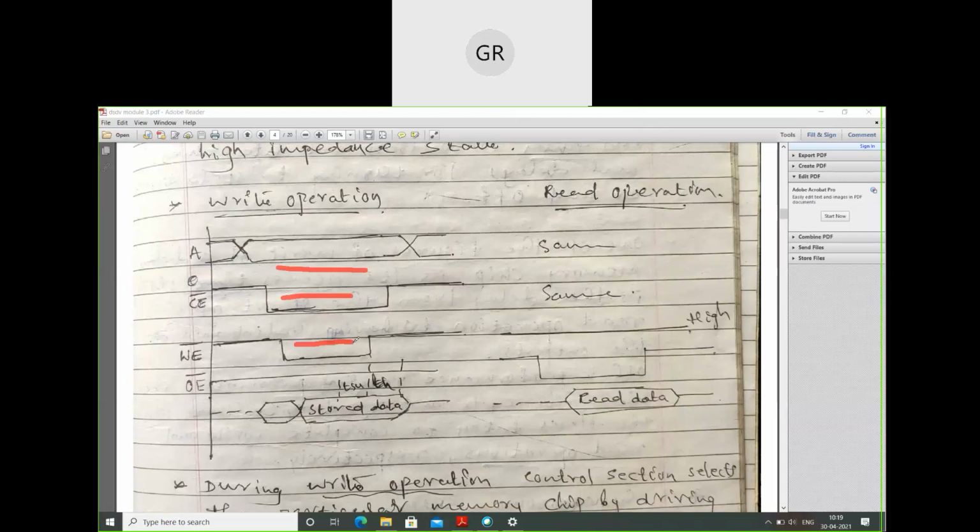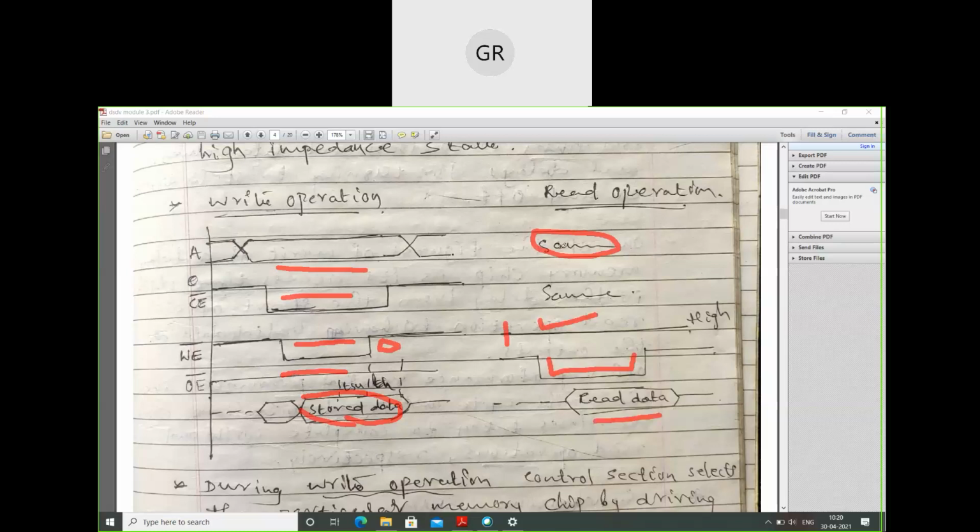OE bar is high, so the tri-state drivers are off, in high impedance state. Then this is the stored data. Just remember this. During the read operation, we have the same address. Chip enable is low, then WE bar is high. OE bar is low, which enables the tri-state drivers to drive the read data to the output lines. This is about the read operation.